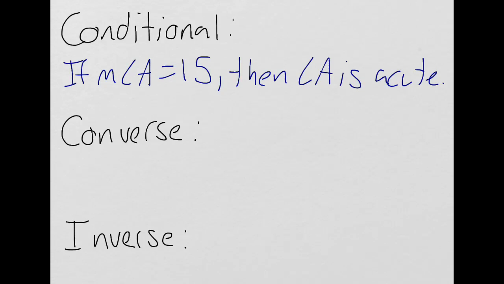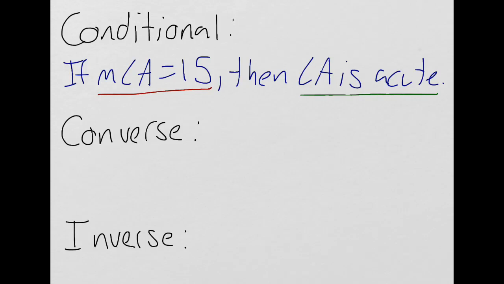Now that you've had a chance to work on it on your own, let's take a look at it together. Our original conditional statement was, if the measure of angle A is 15 degrees, then A is acute. First we're going to write the converse, where we just switch the hypothesis and conclusion. My hypothesis is the measure of angle A is 15, and my conclusion is A is acute.